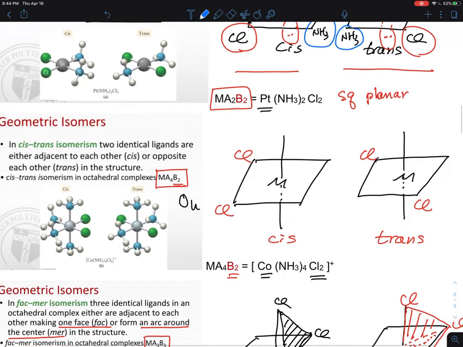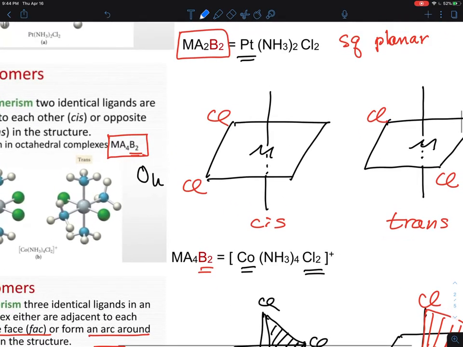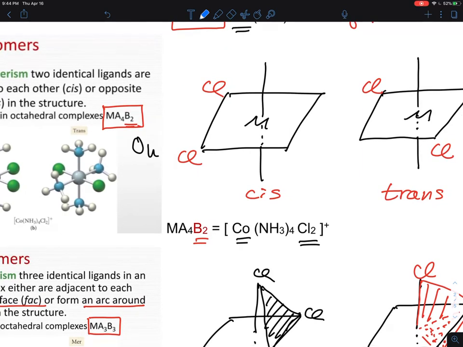And for example here too, this one cannot have optical isomers, whereas the situation is different because this is the case for ammonia, so they are superimposable.